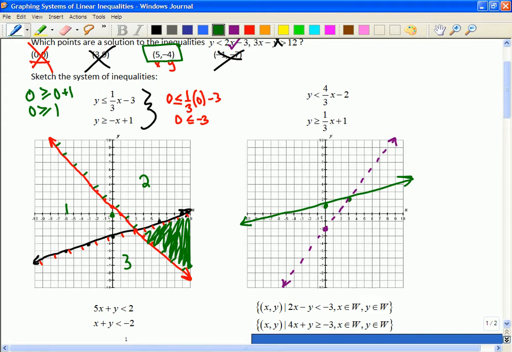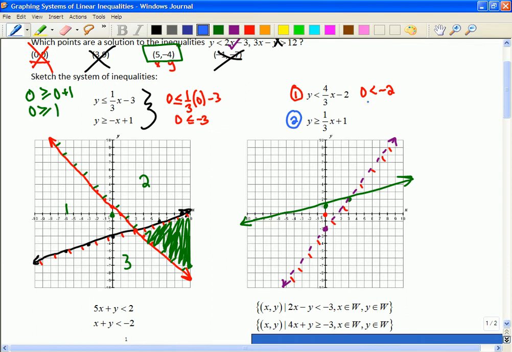The problem now I have is I have to figure out which parts to shade. So let's take a look at this one first, which is in purple. If I put in 0, is that less than -2? No, it's not, so I'm going to go on the other side. All right, let's go to number 2 here.